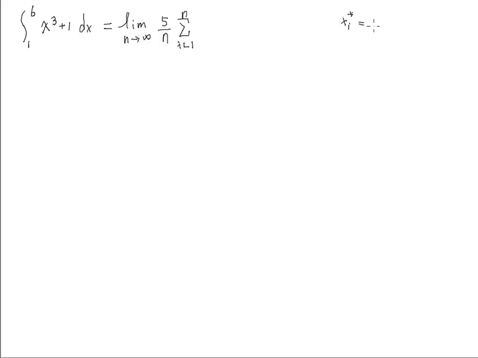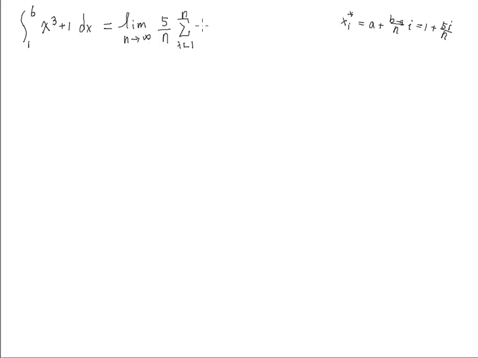This is a plus (b minus a) i over n. In our case, this is simply 1 plus 5i over n, right? So we now plug this point inside.